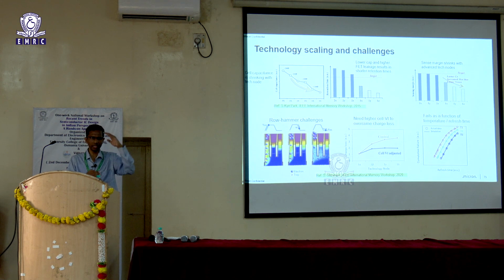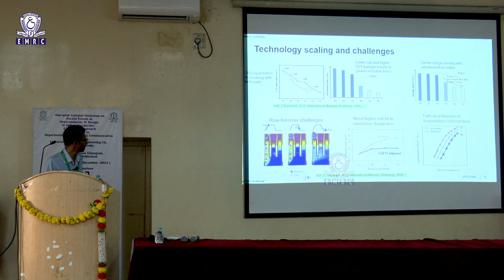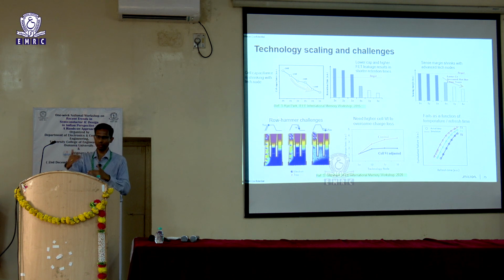So repeated electrostatic field interventions there will cause disturbances on the data stored on the neighboring cells. So that is what is shown here in the physical picture. If you repeatedly take it to VCCP level and bring it down, after some time you start influencing the data stored in the neighboring cells as well. So the charge here starts leaking out. Even though you are not reading out data from the neighboring cell, just because you are reading a cell from the row minus 1, your actual row starts getting affected.